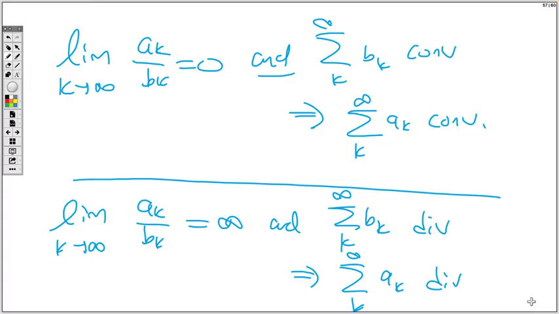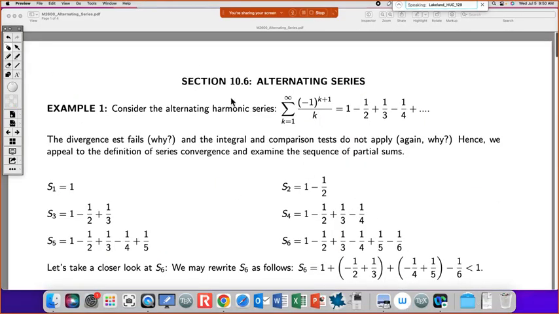Now, the other tests we've talked about thus far, direct comparison test, integral test, they have their niche, okay? But usually they require more conditions to apply. If you think about this one from the test, we had like 1 over k squared minus k.